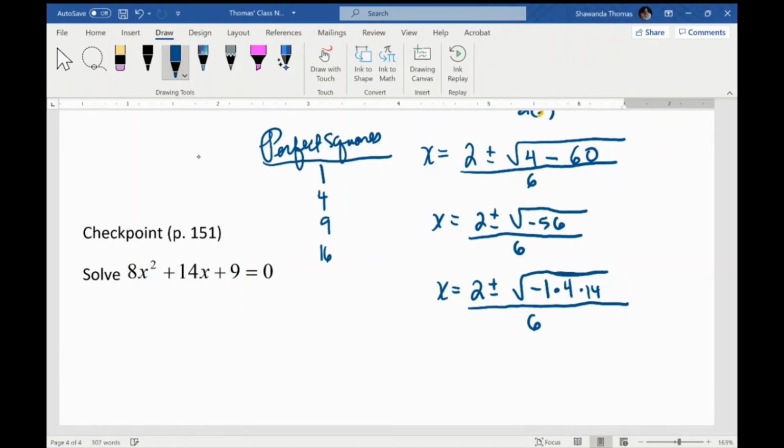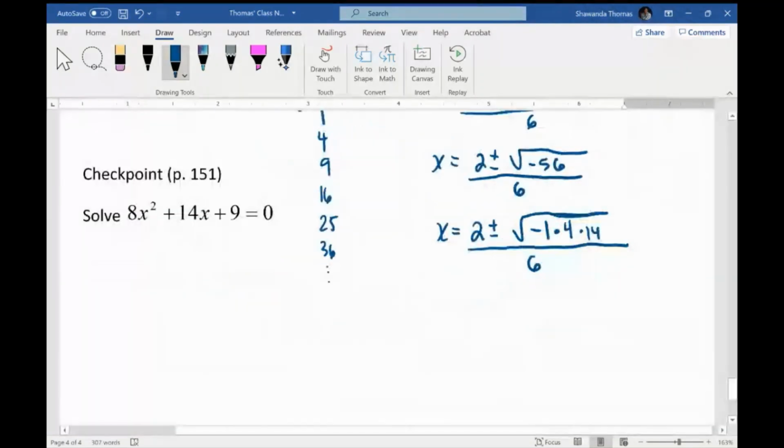Next? 25. Next? 36. So all we're doing is 1 squared, 2 squared, 3 squared, 4 squared, 5 squared, 6 squared, and so on, which is why they're called perfect squares.